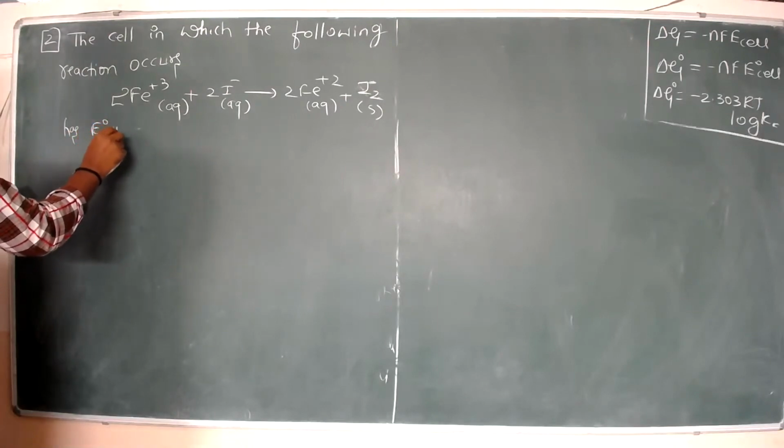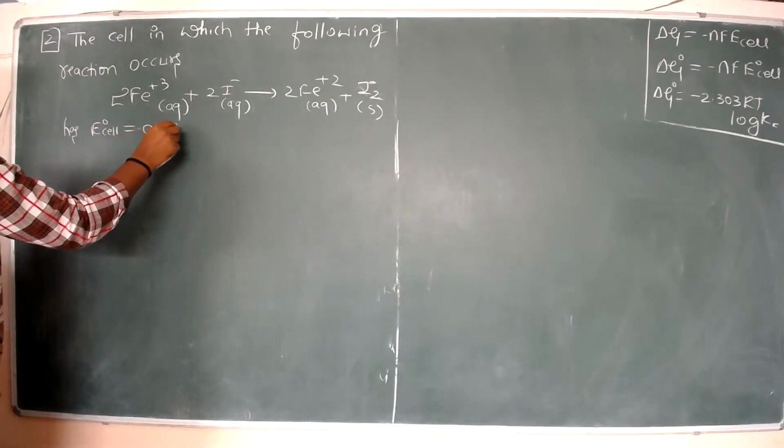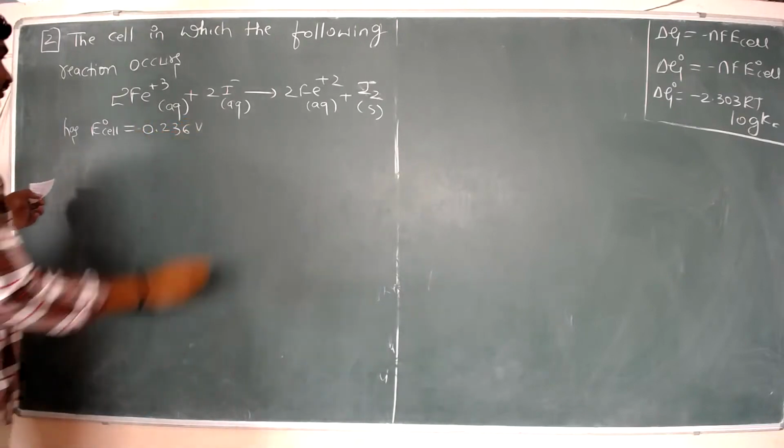E naught of cell is equal to 0.236 volt at 298 Kelvin.